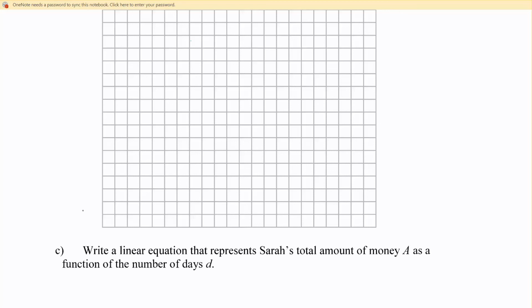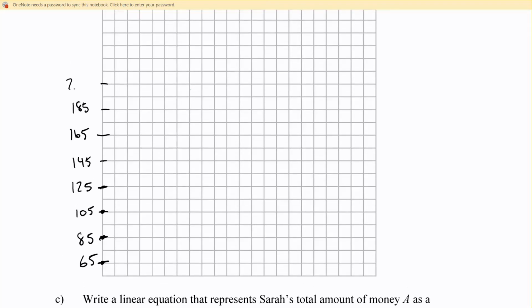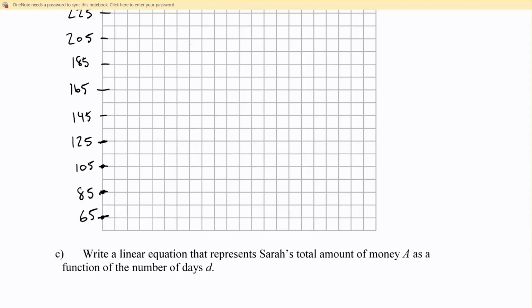So let's just say we're going to start here at 65, and each one of these can be 20, 85, 105, 125, 145, 165, 185, 205, 225, and our days would be 1, 2, 3, 4, 5.